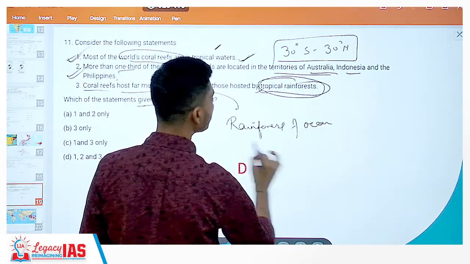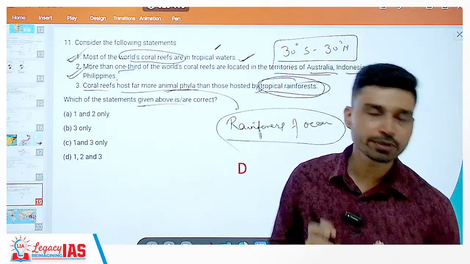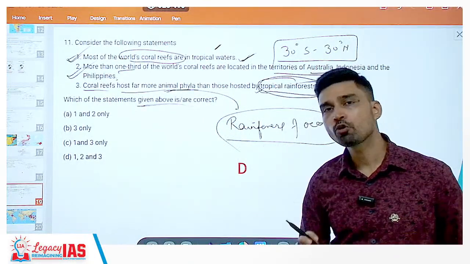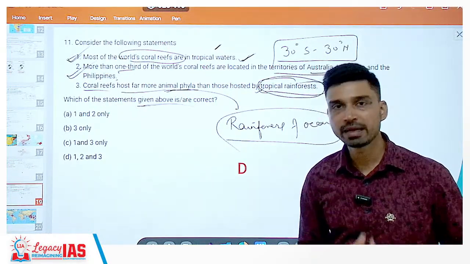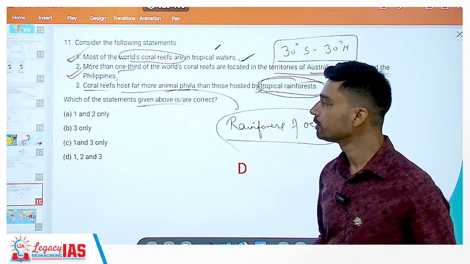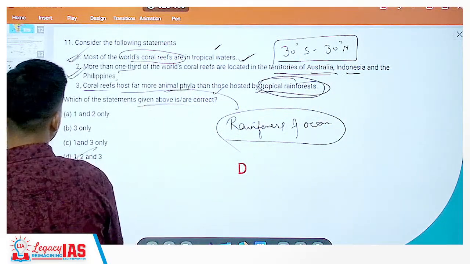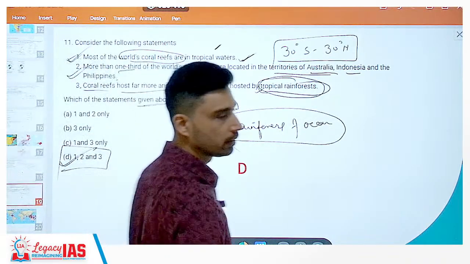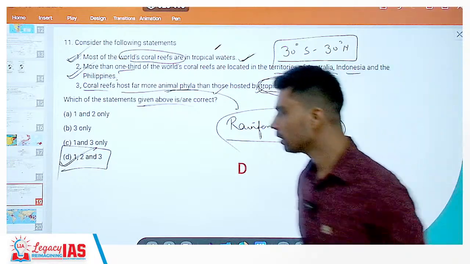In other words, area-wise coral reefs cover less than 10% of the ocean area, but in terms of biodiversity, they hold more than 80 to 85% of the marine biodiversity. So all three statements given here are indeed correct, and thus the correct option for this question is D, that is 1, 2 and 3, all of the above.